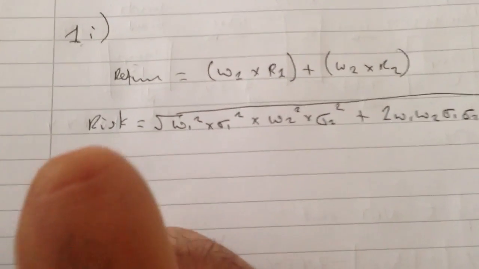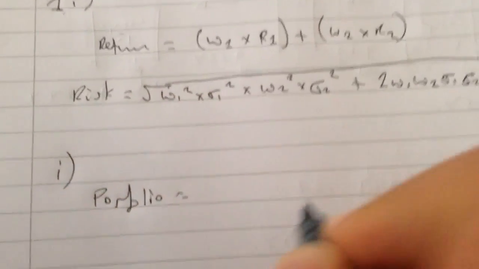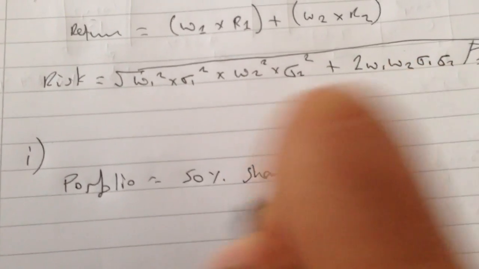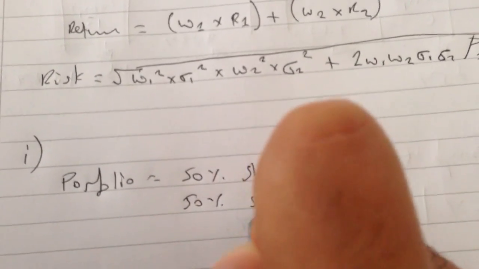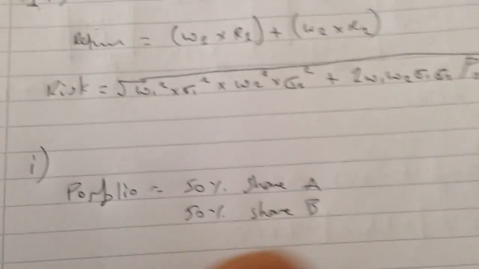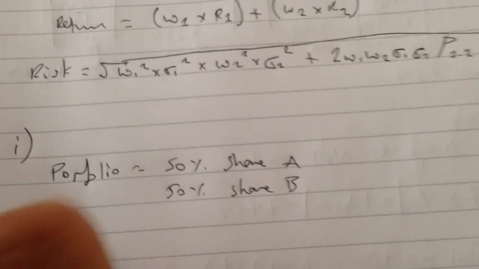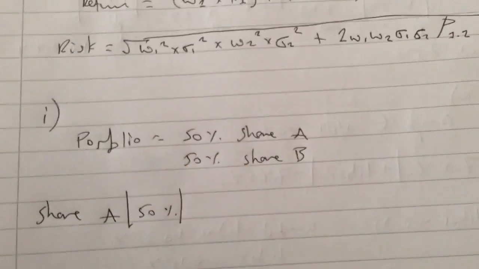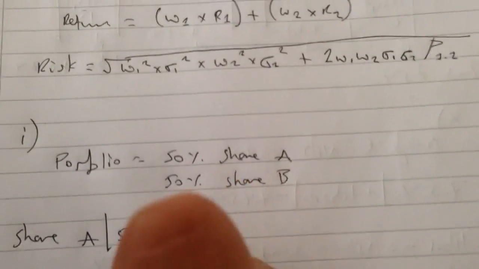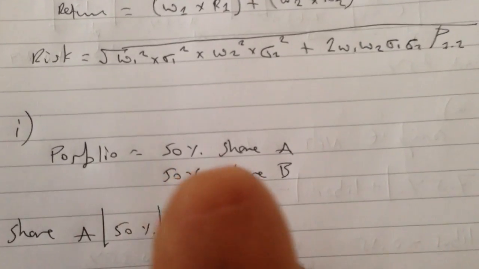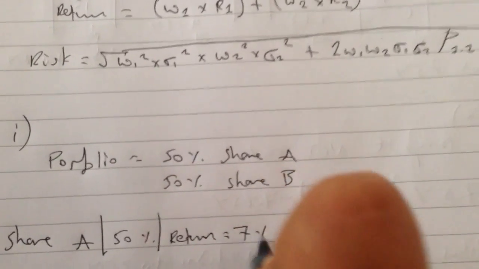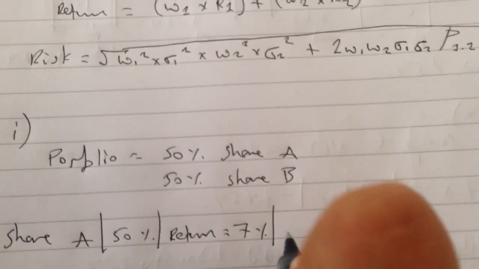So portfolio equals 50% share A, 50% share B. For share A, we've got 50% weight, our return equals 7%, and our risk equals 4%.